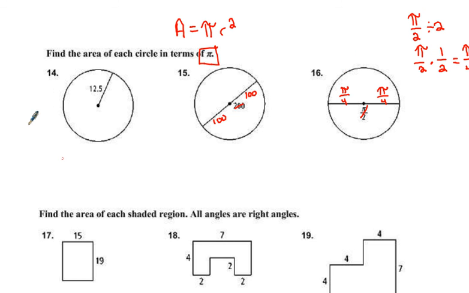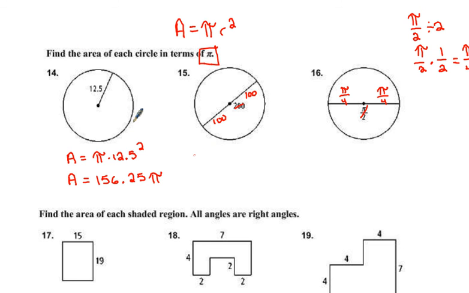So then we plug it into our formula. Our area is equal to pi times 12.5 squared. All you do is do the 12.5 squared on the calculator. That's going to give you 156.25. You put the pi behind it, and it would be units squared, but we don't have a unit, so we'll leave it like that.